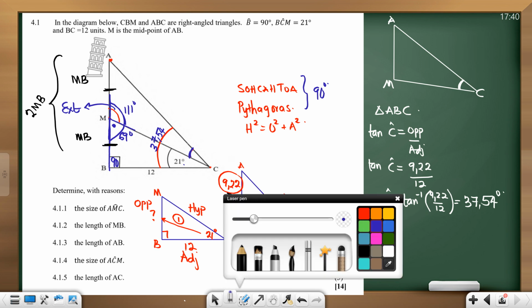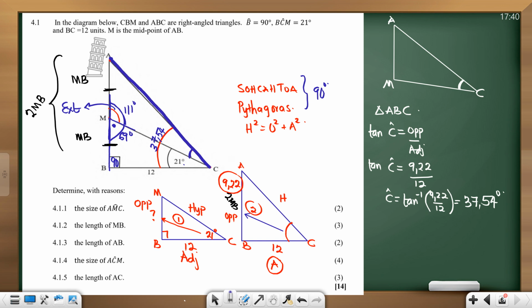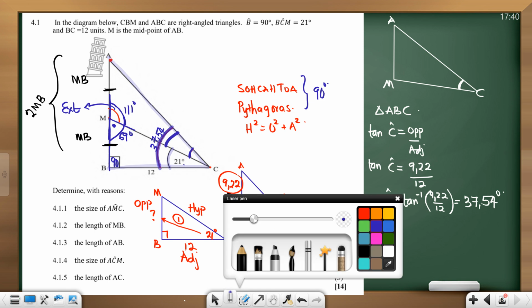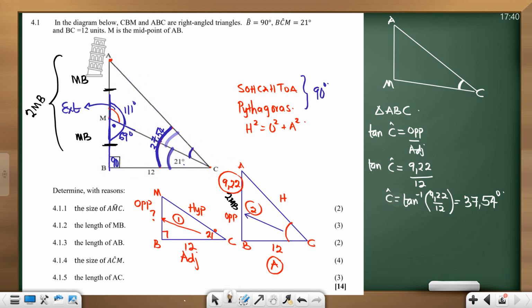Let me show you. A, C, M. Right now I got A, C, B. I got the whole of C. If that is 37 and this is 21, what is this part? We just simply subtract.